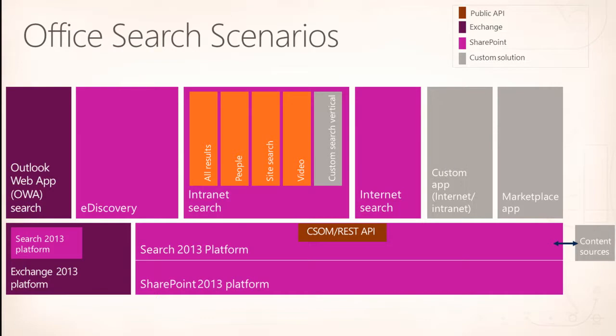So you may be using search without even thinking about it because it's integrated into how you consume and how you navigate throughout SharePoint. And of course, we have APIs on top of this, so it allows you to take advantage of this search service inside your own custom applications, which you also may distribute through Marketplace.